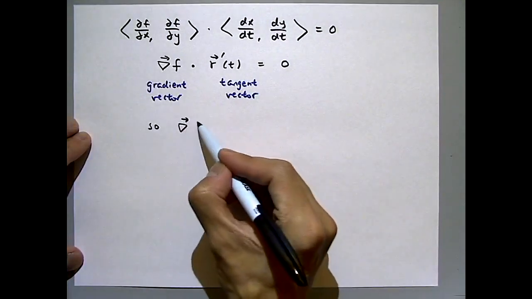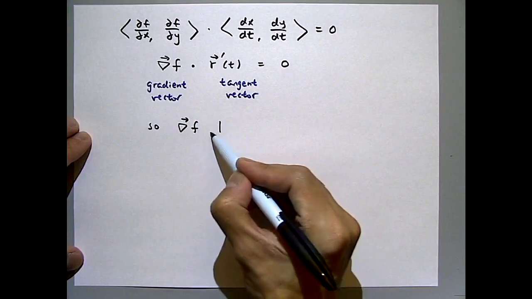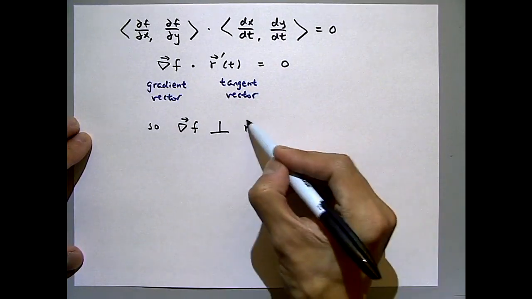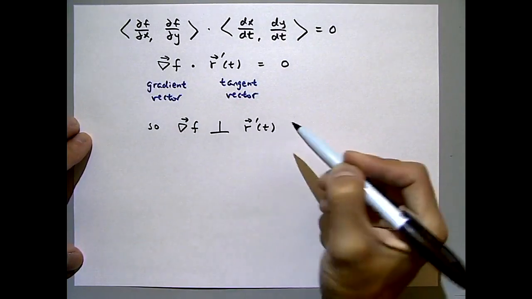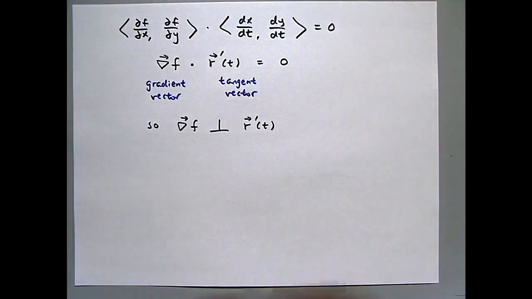So the gradient vector is always orthogonal to the tangent vector for any given level curve.